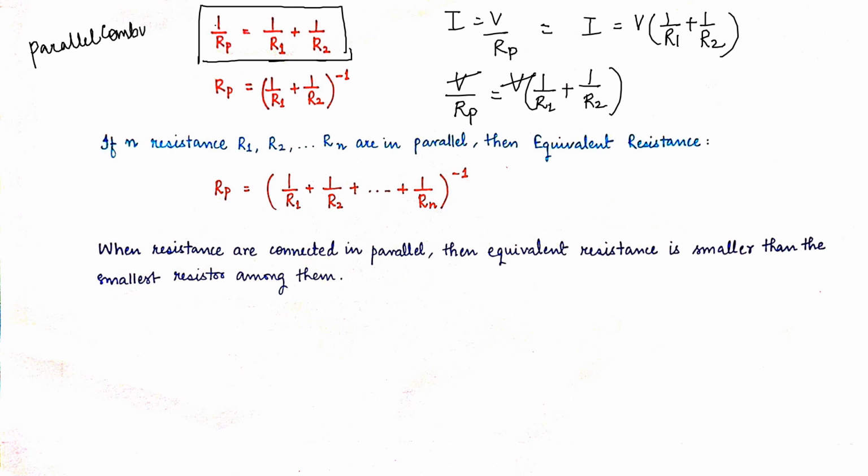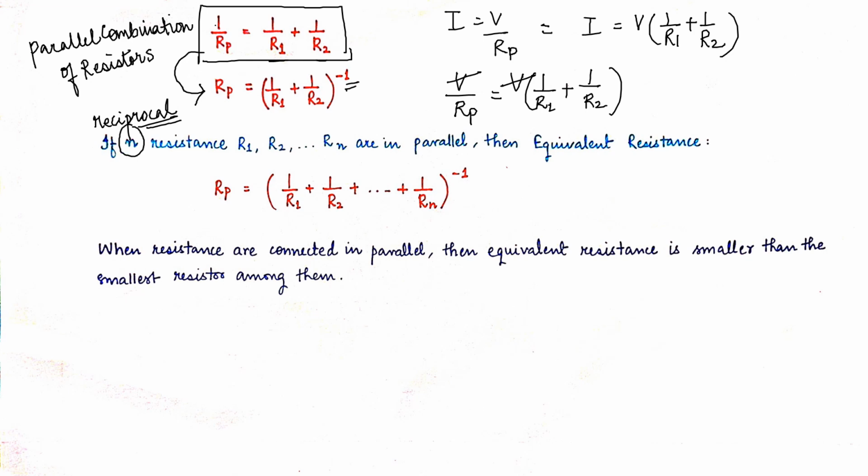Parallel combination of resistors. Now this can be reciprocated. Here we have done the reciprocal and it gives Rp equals (1 upon R1 plus 1 upon R2) to the power minus 1.